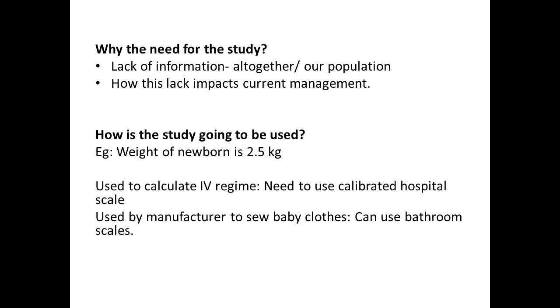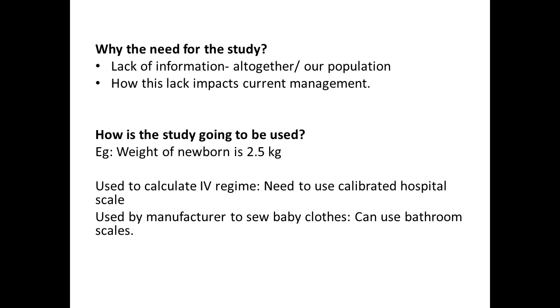Now, sometimes the reason why the study needs to be done and how the study is going to be used is important, because that allows us to decide how stringent the internal validity needs to be. For example, if we are going to do a study weighing newborns, right? Now, if we are going to do that study to calculate the IV regime, then we need to use a high quality calibrated hospital scale.